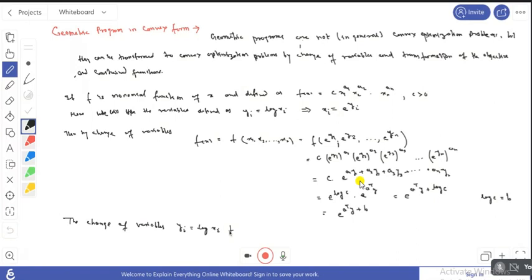This turns a monomial function into the exponential of an affine function.